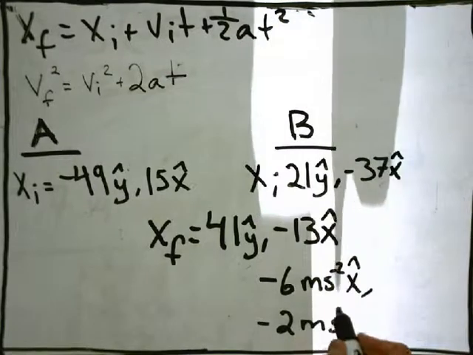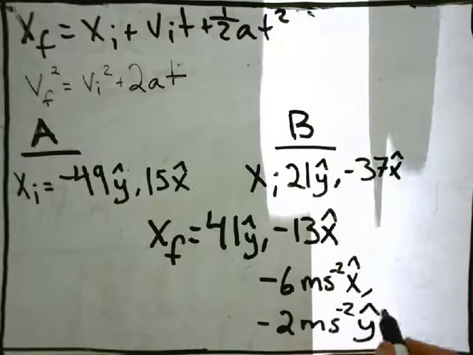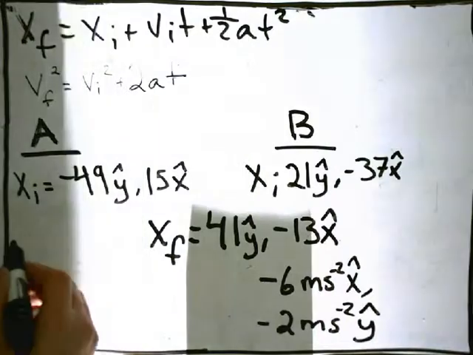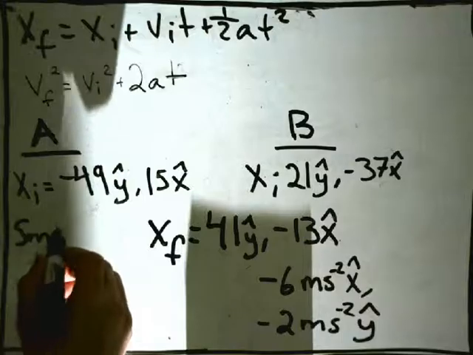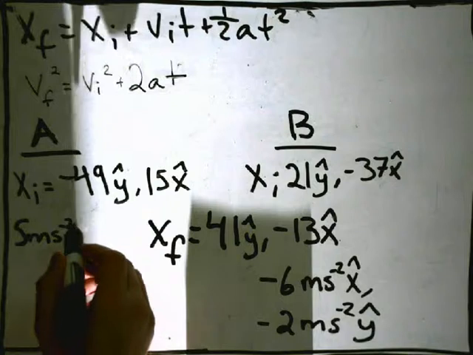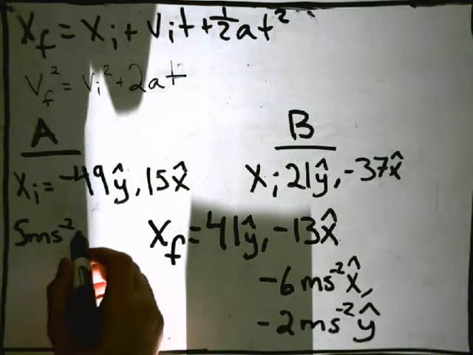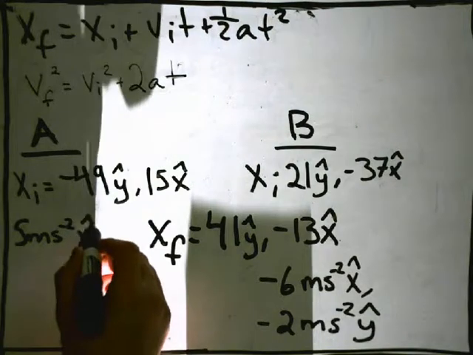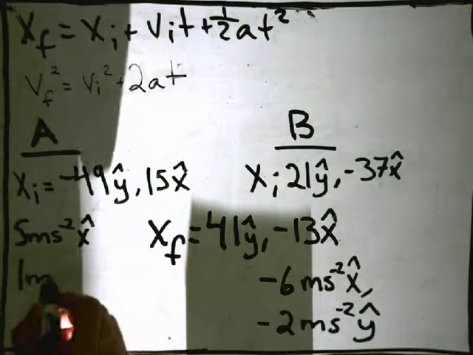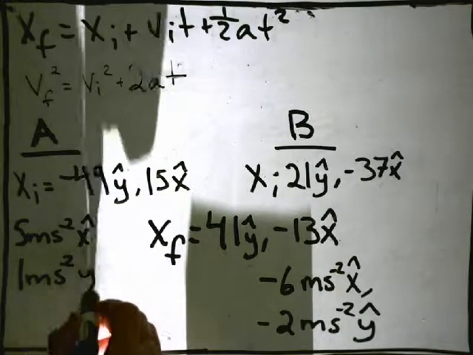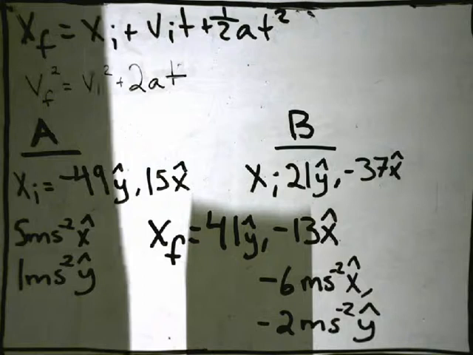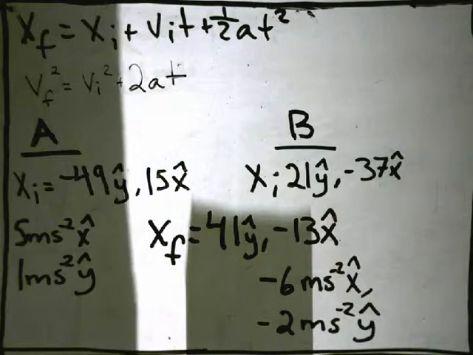And for A, it's going to be 5 meters per second squared in the x direction, and 1 meter per second squared in the y direction. So go ahead and write all of that down for this problem for now, and then we'll get on to the next part of it.